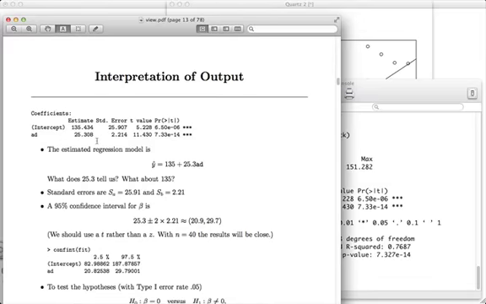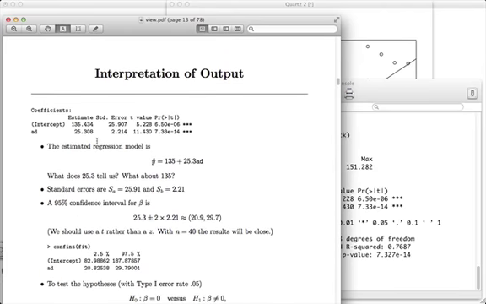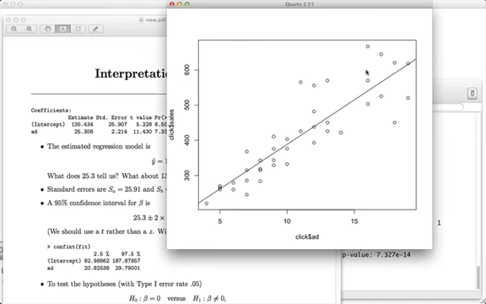Let's move on. Another question that we may have is about sampling variation. So we've estimated that the slope is 25.3, but if we'd observed a different sample of data, maybe we took the previous quarter rather than the quarter we've got, the numbers would be a little bit different, and therefore the estimates from regression would be a little bit different.